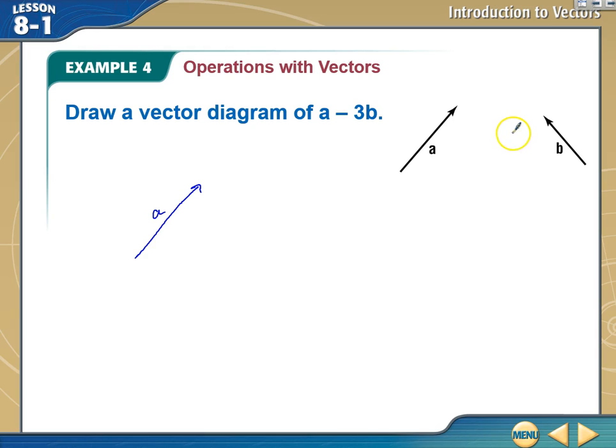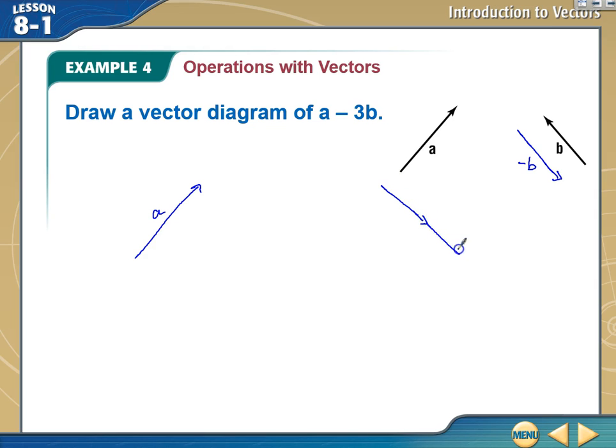To do a minus 3b, first thing you do is you make a negative b. We already talked about that. It looks exactly the same except the tail and the head switch positions, and here is now negative b. And how many negative b's do I want? I want 3 of them. So here's a negative b, a little bit longer.